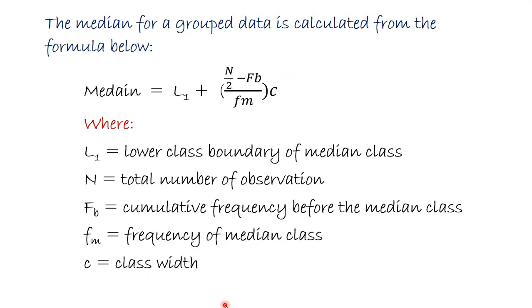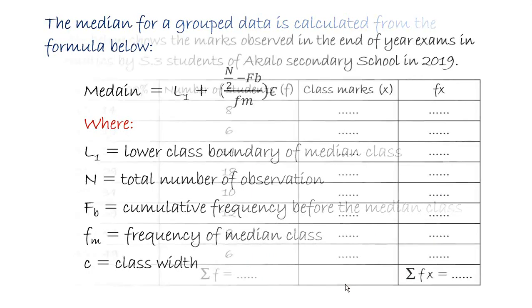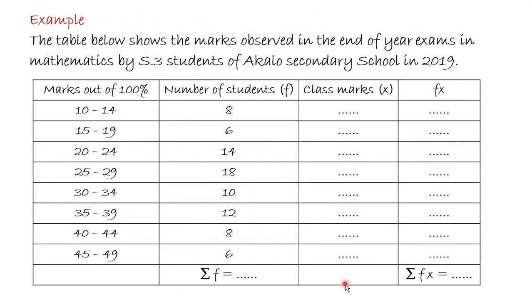Okay, let us look at some examples to see how we can use the formulas we have seen. Here we have our first example. The table below shows the marks observed in the end of year exams in mathematics by senior 3 students of Akalo Secondary School in 2019.